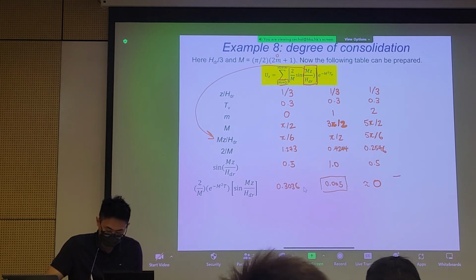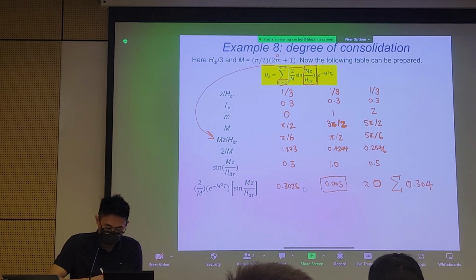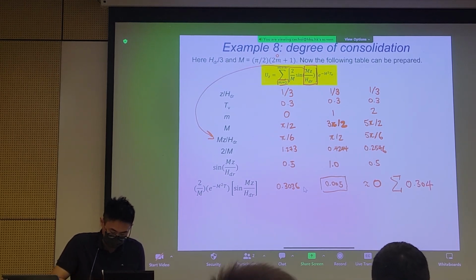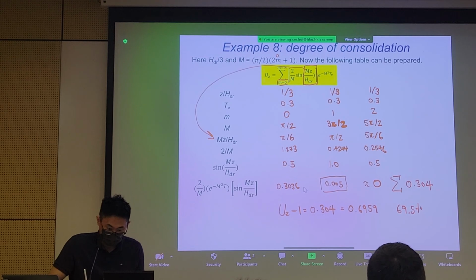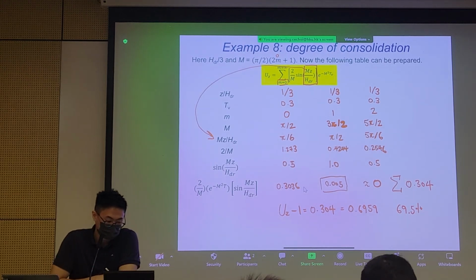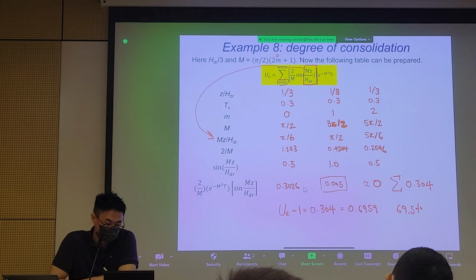And once you reach 0, the sum of this across the horizontal scale is that, and you know that uz minus 1 is equal to 0.304. So this is about 0.6959, about 69.5% of consolidation.